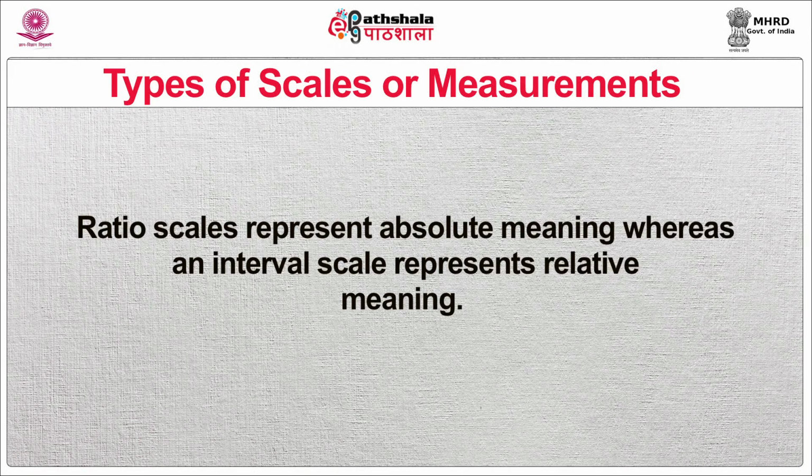Ratio scales represent absolute meaning, whereas an interval scale represents relative meaning. In this kind of scale, the difference between 1 and 2 is the same as the difference between 3 and 4, but also 4 is larger than 2 in an absolute sense.